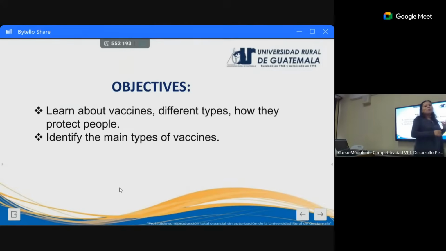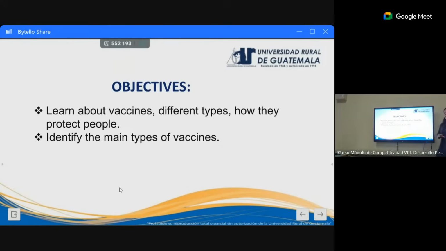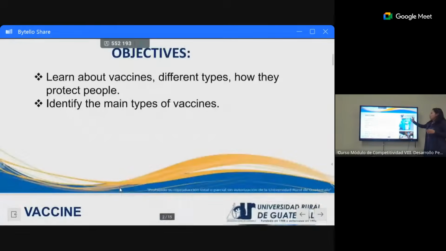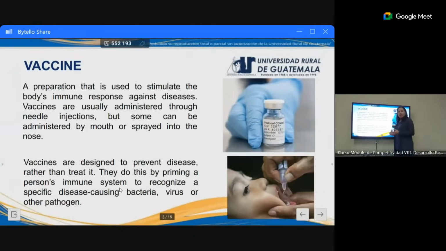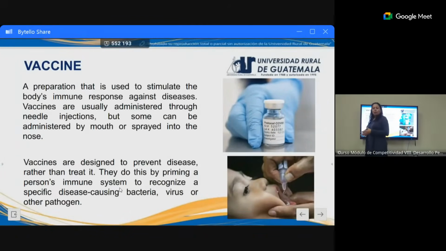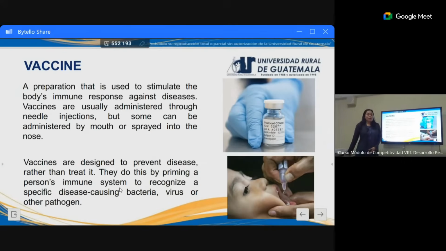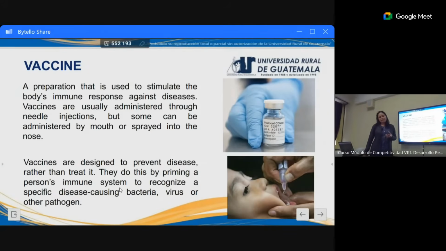Because I know that you might ask, how is this going to be useful or helpful for me? But since you're studying, it's important to learn how to prevent those types of illnesses.